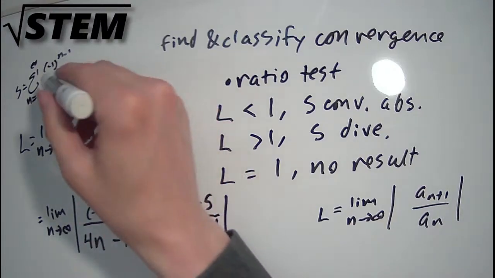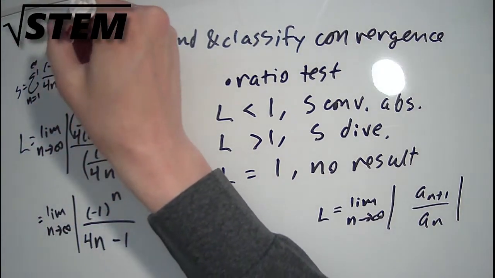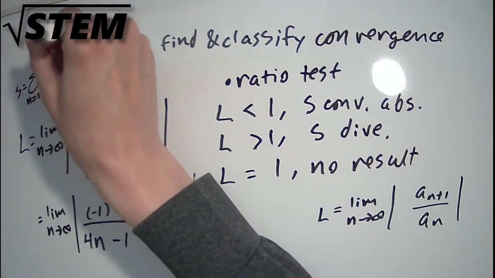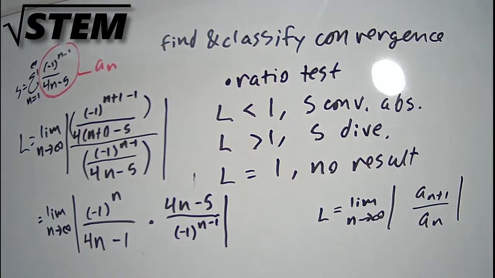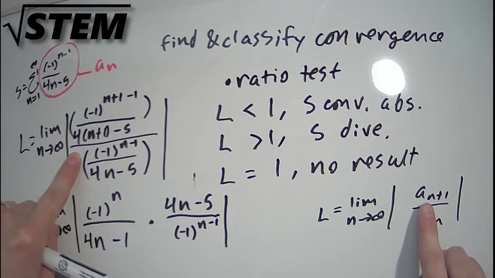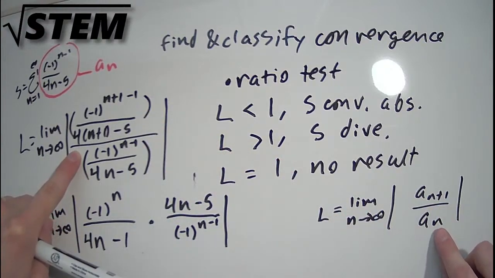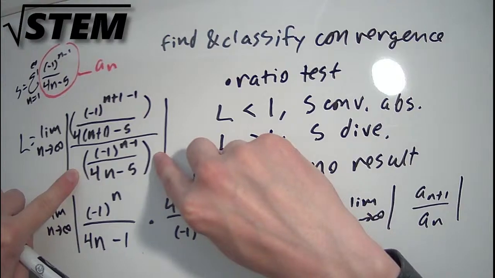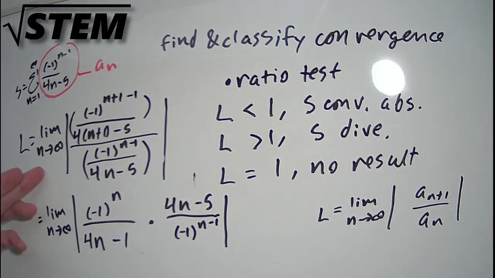So where the term inside of our sum is called an, we plug in n plus 1 and put that on the top of a fraction, and then we take the regular form an and put that on the bottom of a fraction. Stick it all inside absolute values, and then we'll take the limit as n goes to infinity.